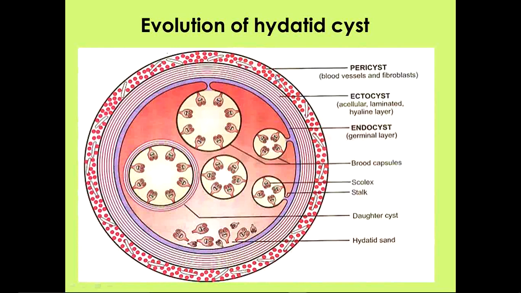And this fibrous layer around the growing embryo is known as pericyst. So all of this is the pericyst.